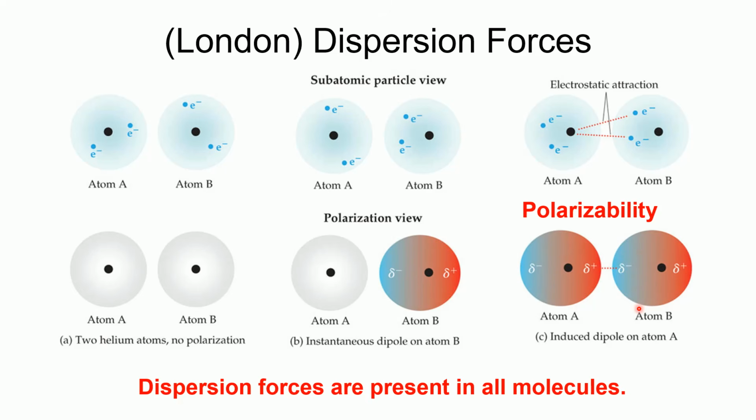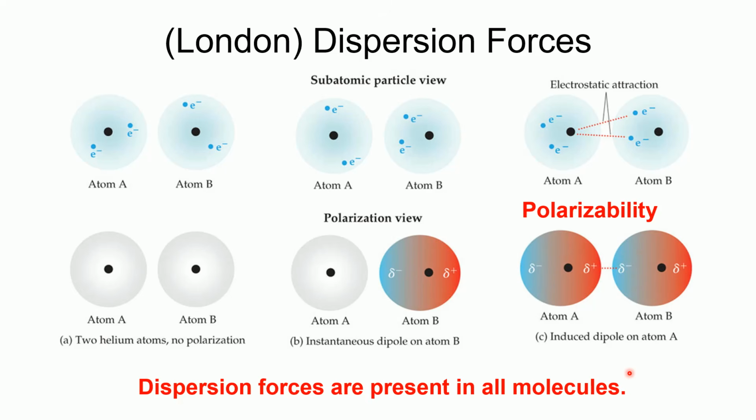As I mentioned, helium is probably the least polarizable atom, but it is a good example because dispersion forces are present in all molecules. So even though helium is very small and is not going to have very strong intermolecular forces, it will have dispersion forces present.